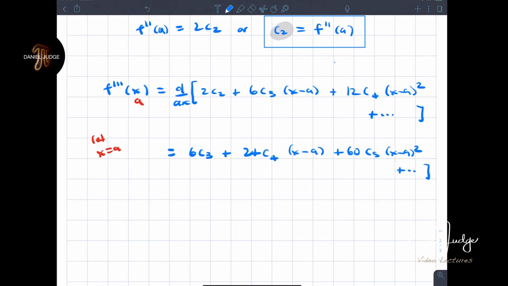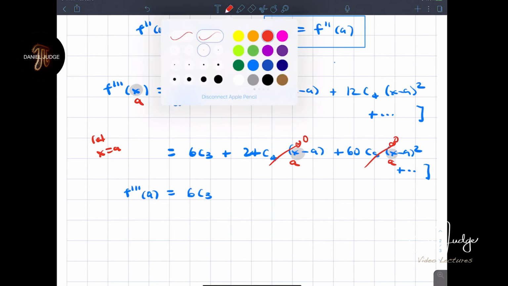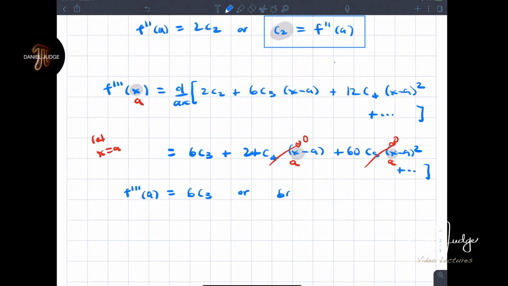All right, so when you replace this x here with an a, you end up getting f triple prime of a is going to be 6c3, and this portion here is 0 and 0. Or we can say 6c3 is that third derivative evaluated at a.